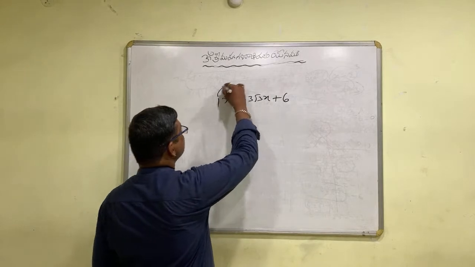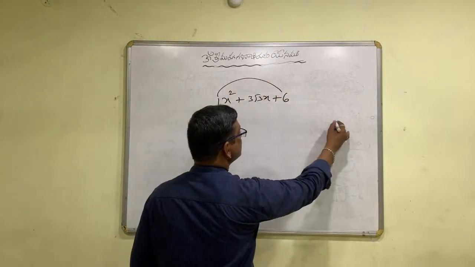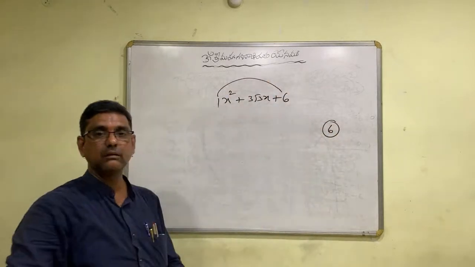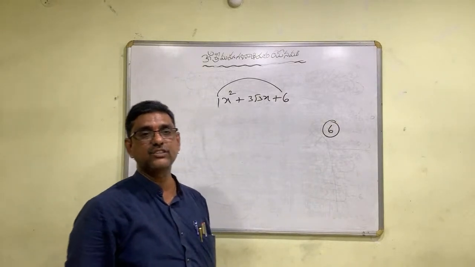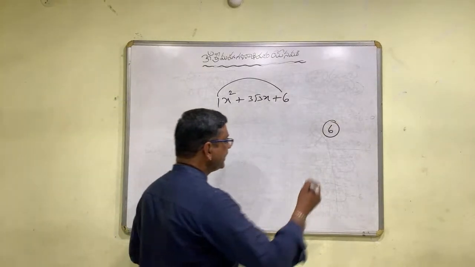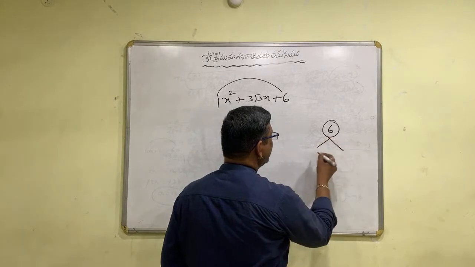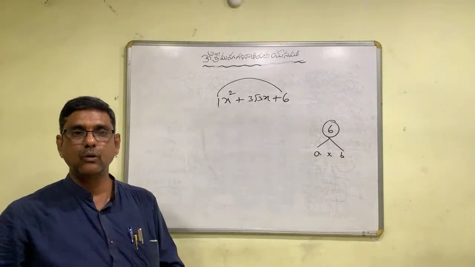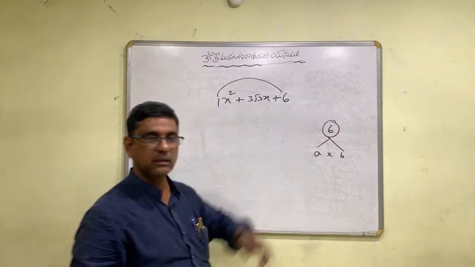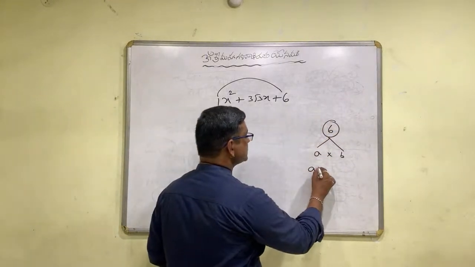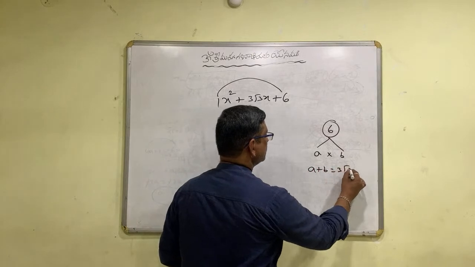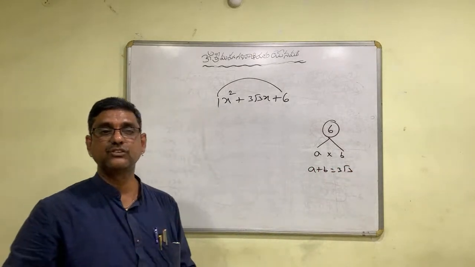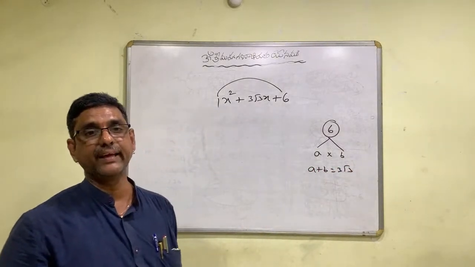Step 1 as it is: 1 into 6 is 6. So we need to divide this 6 into two numbers whose product is 6 and the sum is 3 root 3.